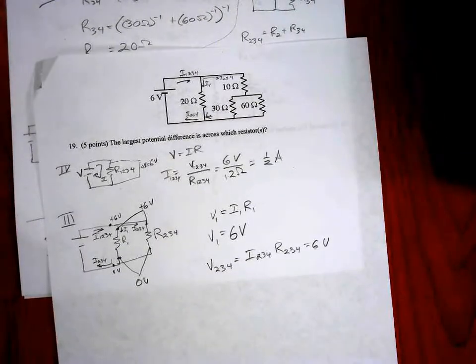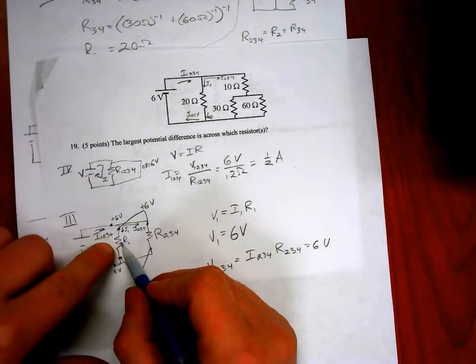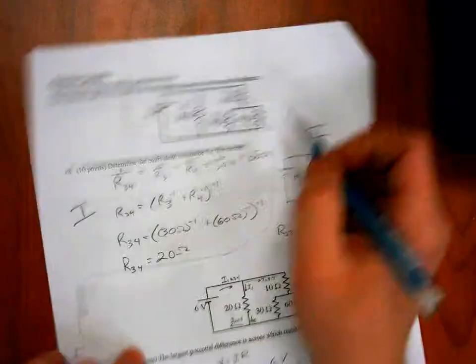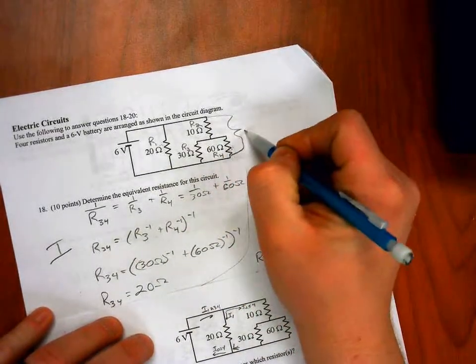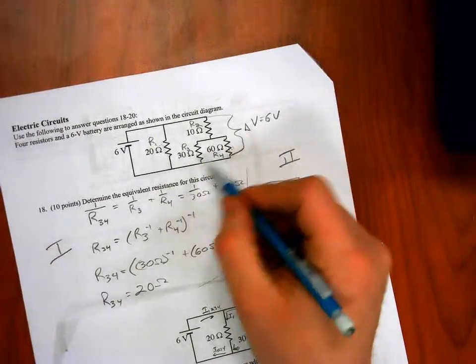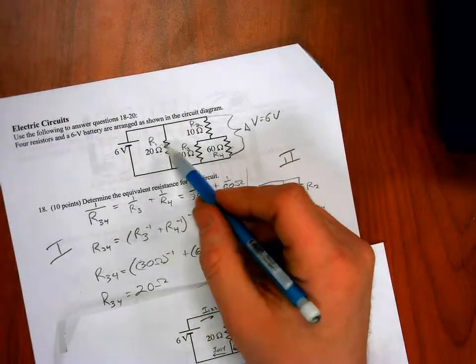So then it's easy to tell, well, we don't even have to go any farther because we know this voltage drop is going to be 6 volts, and all of these little voltage drops that form part of the circuit are going to have to add up to 6 volts. So altogether, they add up to 6 volts in voltage drops. Well, this one alone is 6 volts.